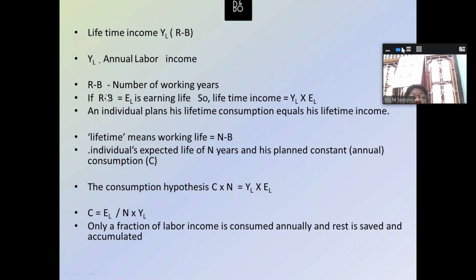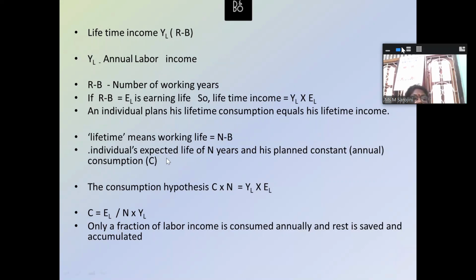Right? That means after retirement also, he is trying to consume the same amount. Therefore, lifetime consumption always equals lifetime income.